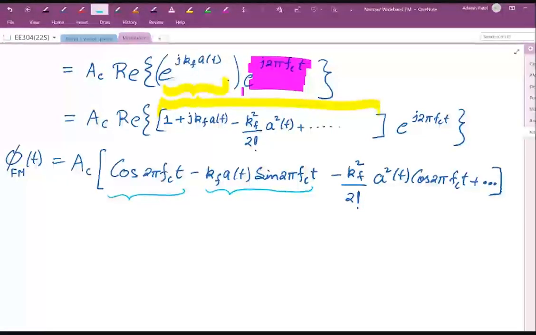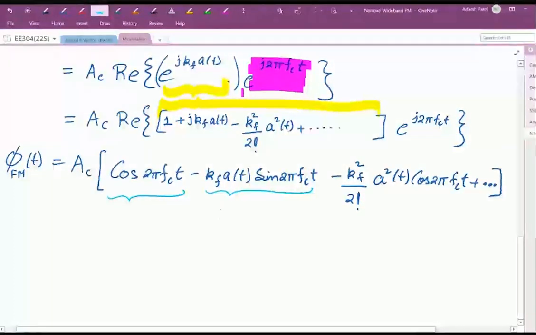Yeah, Shalu says DSB. Yes, correct. So this is a DSB-SC signal. Yes, this has a very strong resemblance with the DSB-SC signal.